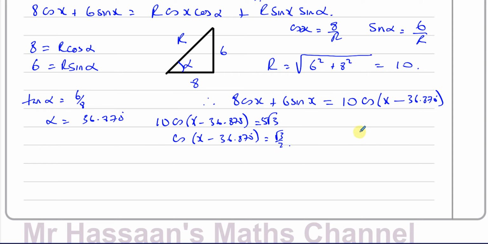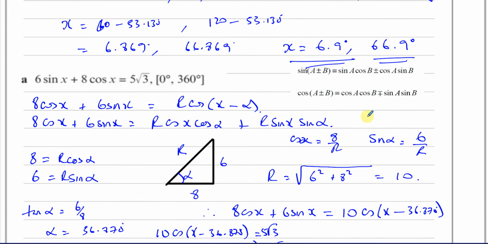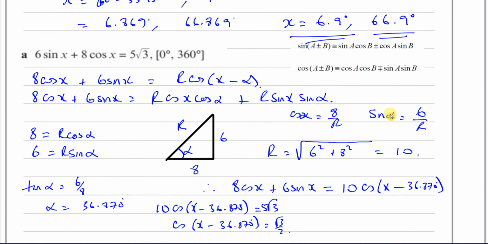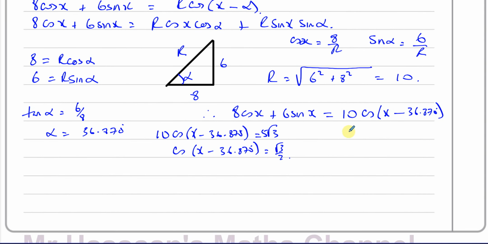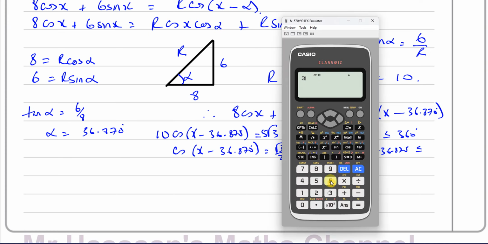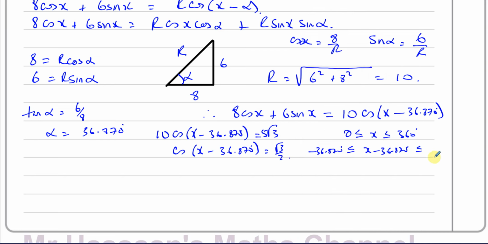So we have our limits, the same limits, from 0 to 360 for x. So therefore we have to subtract this time 36.870. So you're going from minus 36.870 up to 360 minus that, which is going to be 323.130.